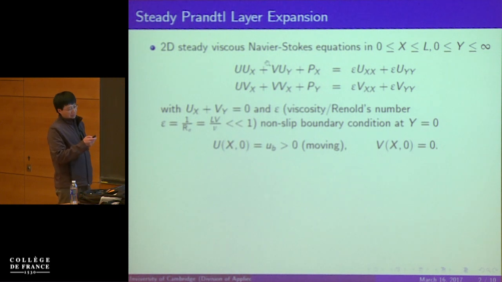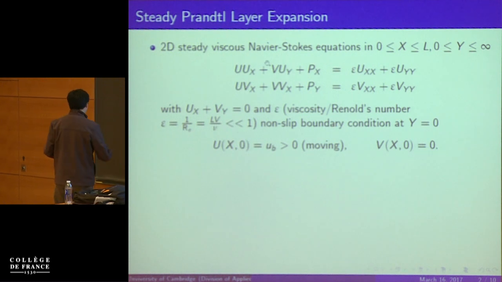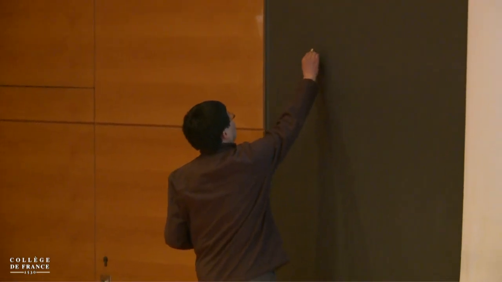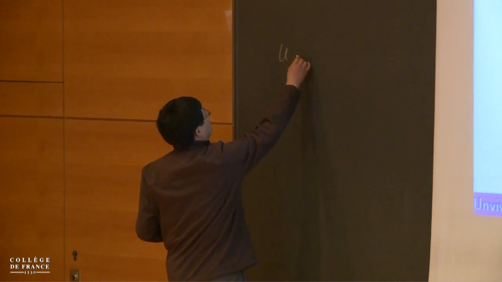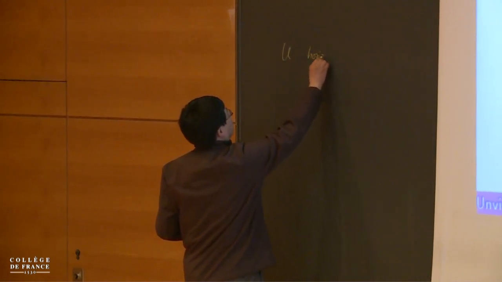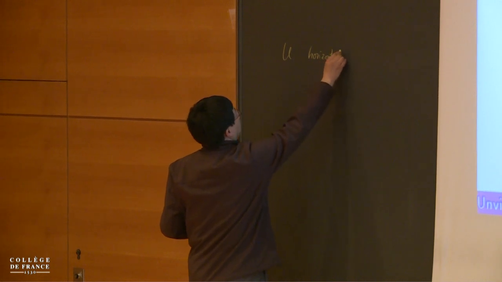Okay. So here in 2 dimensions, we have two velocities, 2 directions of velocities to describe this fluid. So one is, I will call that u, which is the horizontal velocity.